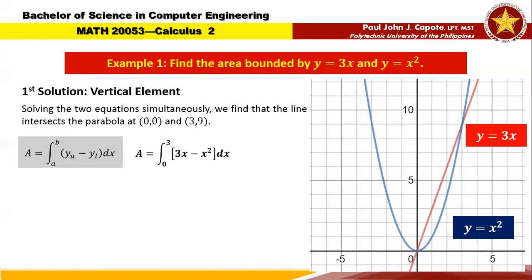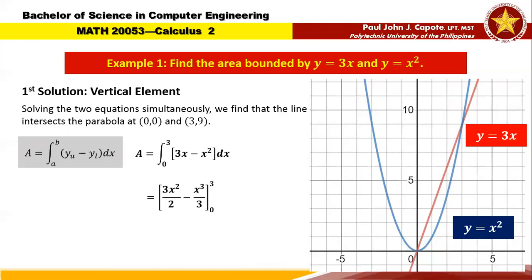Therefore, area is equal to the definite integral of 3x minus x squared dx from 0 to 3. Since we are integrating with respect to the variable x, then we shall evaluate the integral from x equals 0 to x equals 3.